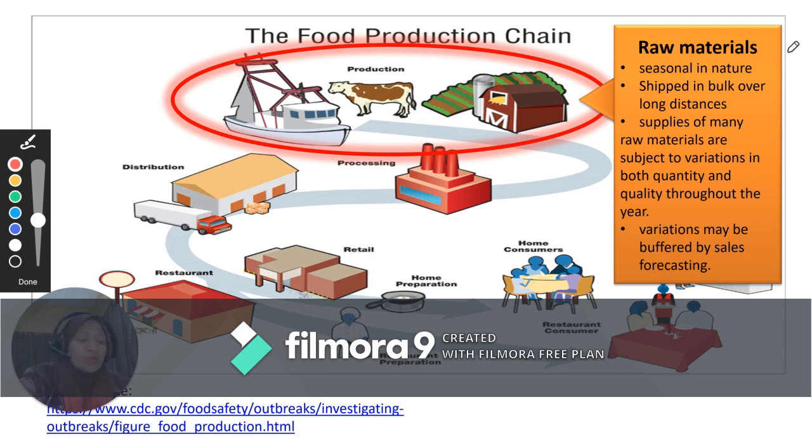This is an example of variation buffered by sales forecasting, or buffered due to seasonal supply.